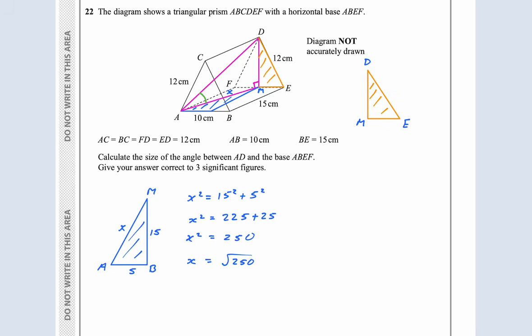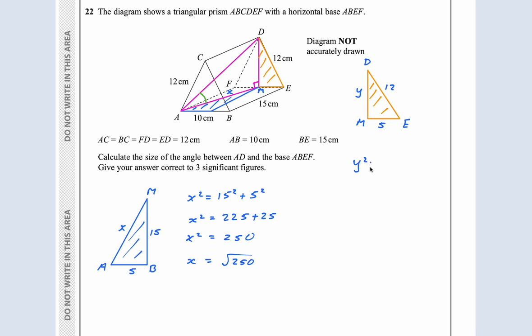So that's that. I know this length here is 5, because it's half of 10, and I know this length is 12. So to find this length, let's call it y, again I can use Pythagoras' theorem.